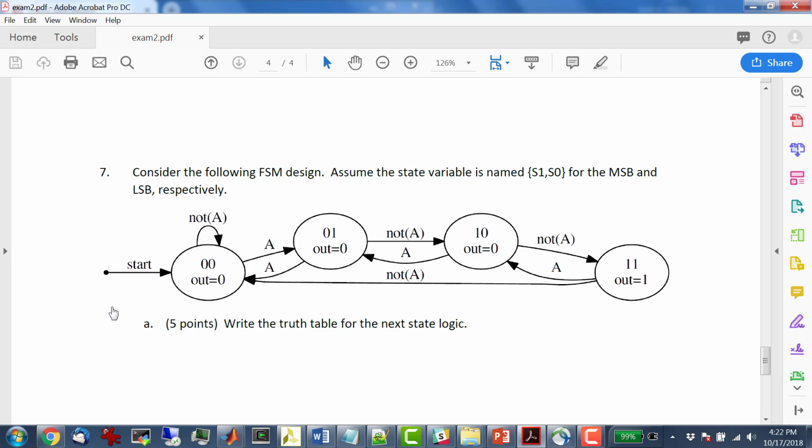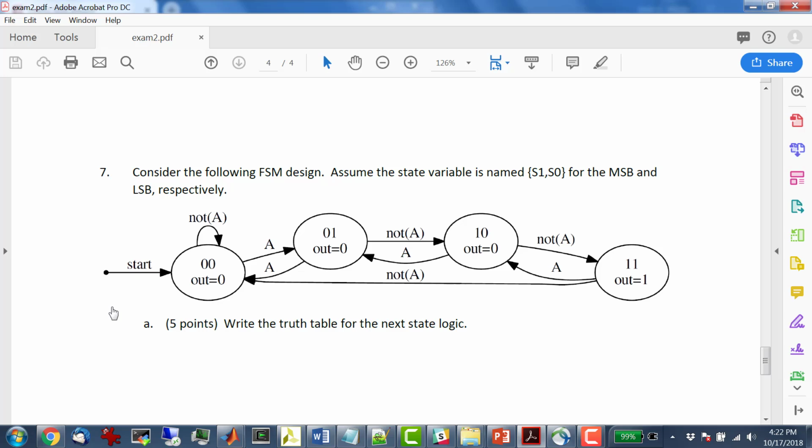If I get a 1 for A, then I'm going to go to 0, 1. If I'm in 0, 1, which is these next 2 rows, and I get a not A, I'm going to go to 1, 0. So if A is 0, I'm going to go to 1, 0. And if A is true, I'm going to go back to 0, 0. Everyone with me so far?